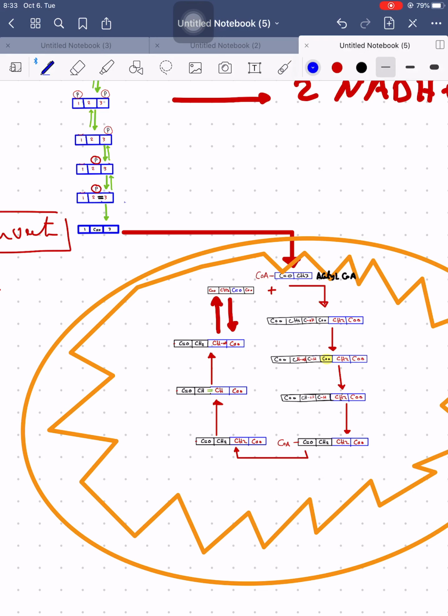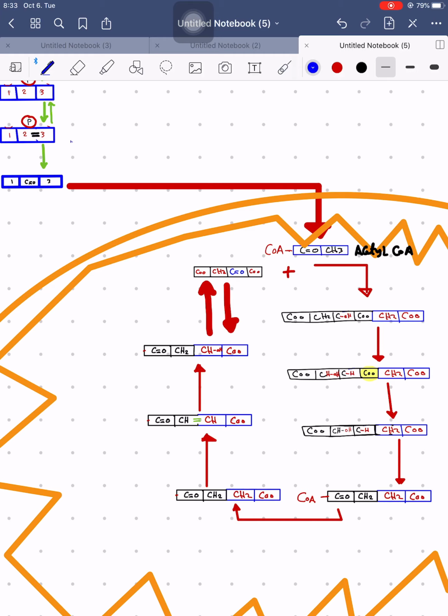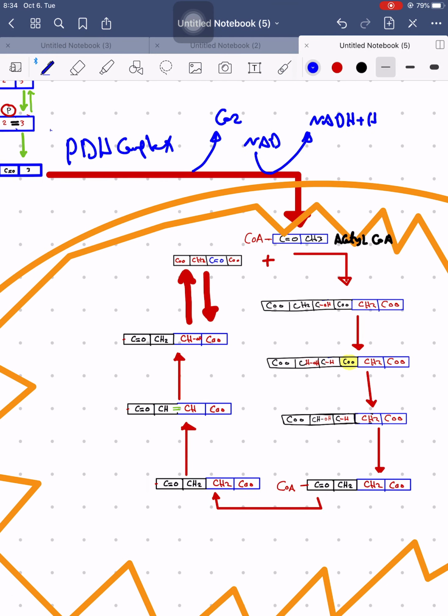The most important enzyme, which we did last time, is called pyruvate dehydrogenase complex. You are producing CO2 here, and we reduce the coenzyme NAD into NADH. So here is the production of acetyl coenzyme A. Of course, you need to insert coenzyme A here.